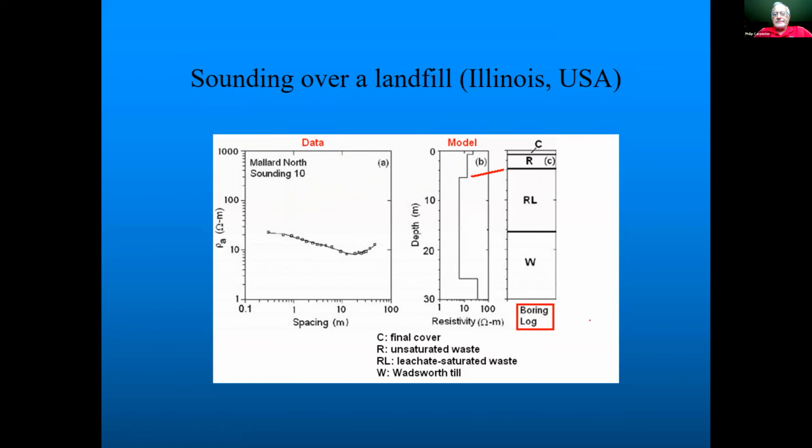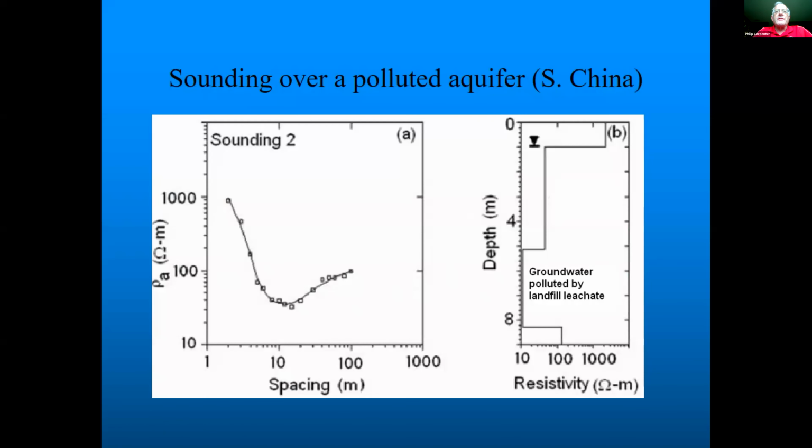So, okay, I'm just going back here one step. I've done a lot of work in South China, and we've seen things like this. This is adjacent to the Maoming landfill, Maoming, China. It's in Guangdong province.